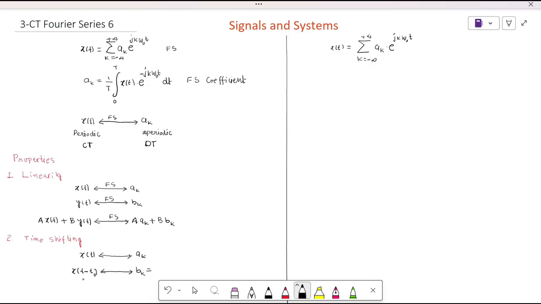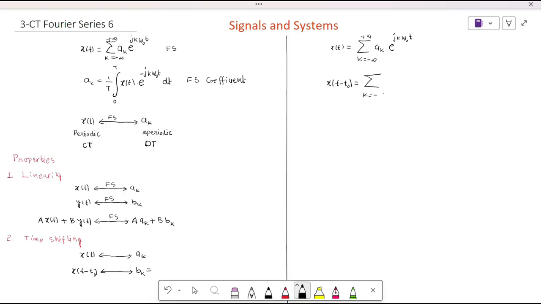Now we are going to find the Fourier series coefficient for x of t minus t naught. So I'm replacing t by t minus t naught. We substitute t minus t naught in place of t in the equation also.